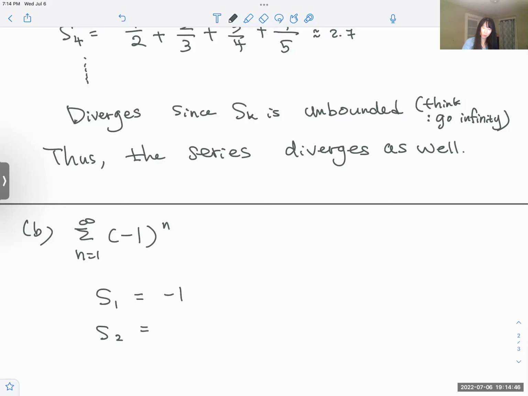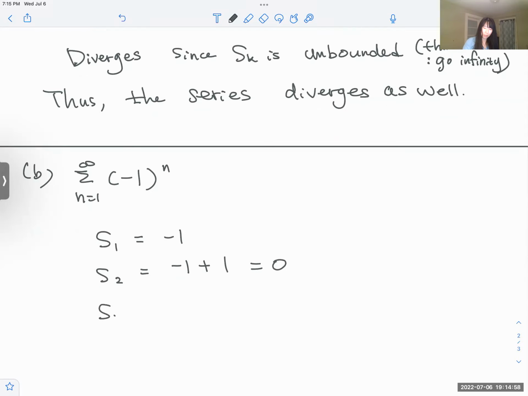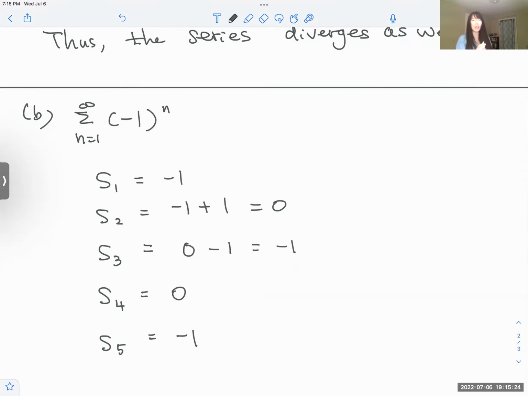When n equal to 2, it's a sum, so don't forget the -1 there, plus 1, which is 0, good. We have S3, the partial sum: 0 minus 1, which is -1. Correct? Yes. S4, we get 0 again. S5, -1 again.